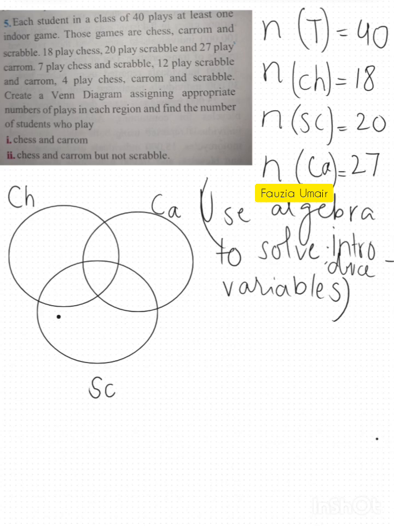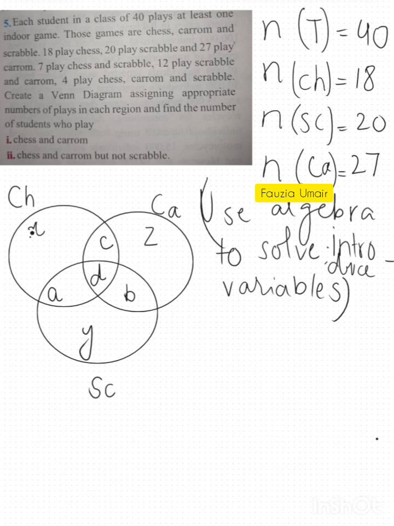Let's assume that those who play only chess, only carom and only Scrabble are X, Y and Z. The overlapping area between chess and Scrabble is A, between carom and Scrabble is B, and between chess and carom is C. D is the area of students who play all three games.